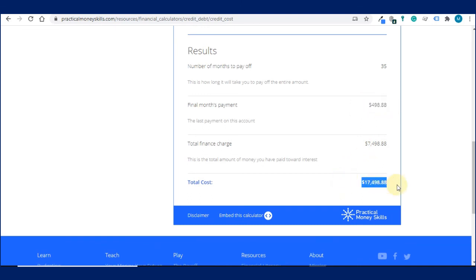And then this is the total cost. All right? So please be very, very careful and responsible when you use your credit card. If you have a credit card right now and your parents are the one who's paying it, so please be very careful and be very responsible. All right?